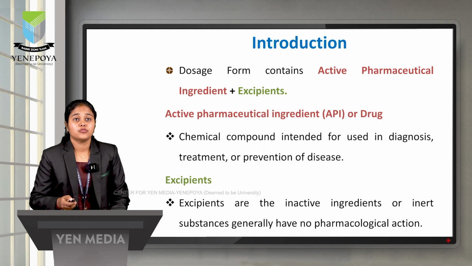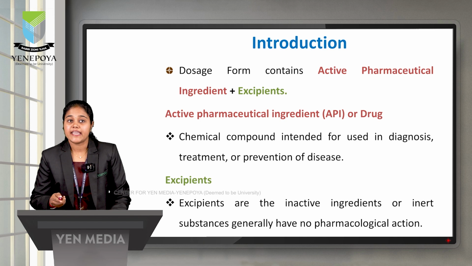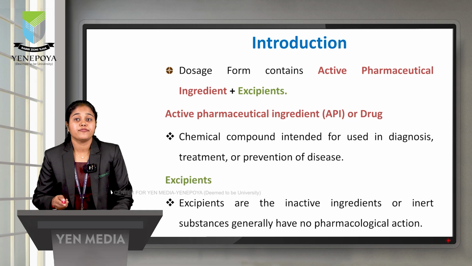Next we will move on to dosage form. I told you the dosage form contains the active pharmaceutical ingredient, that is API, plus excipients. Excipients are inactive materials present in the dosage form which do not have any pharmacological action. If you took some tablet for fever and the fever is reduced, the active pharmaceutical ingredient is what is responsible. The active pharmaceutical ingredient is a chemical compound intended for use in the diagnosis, treatment or prevention of disease.